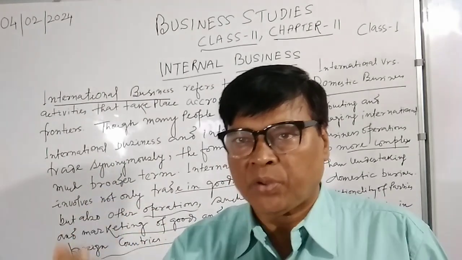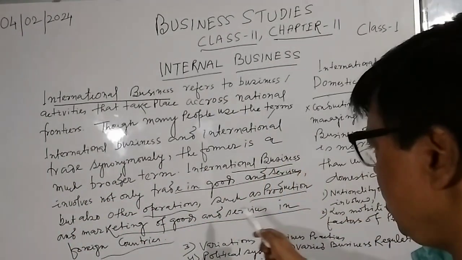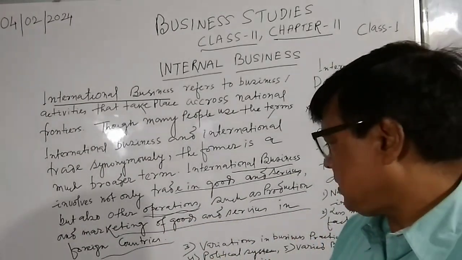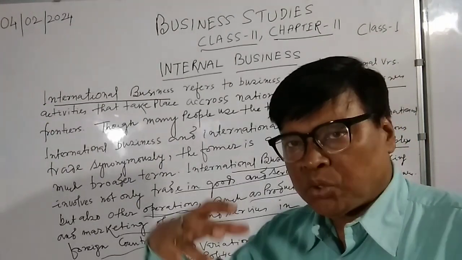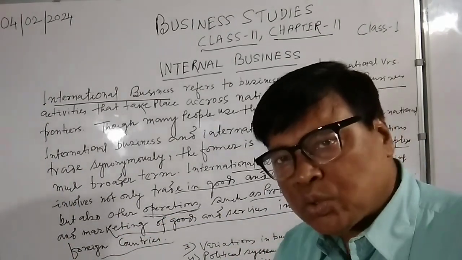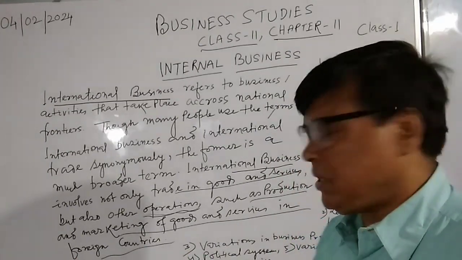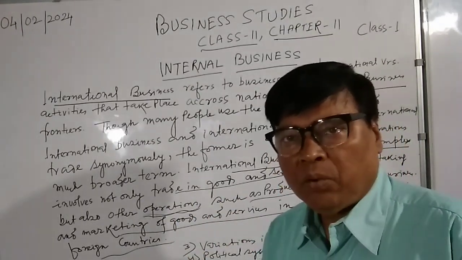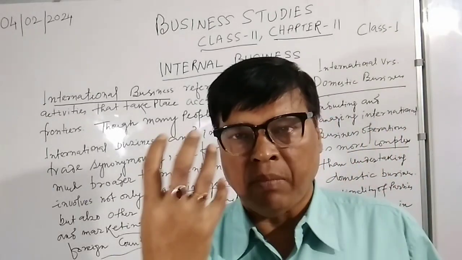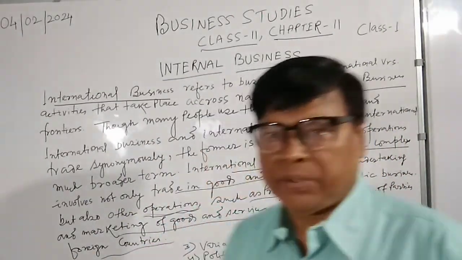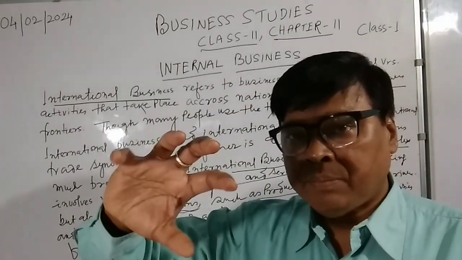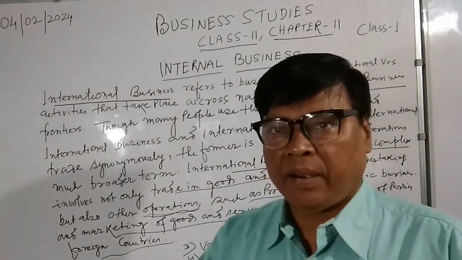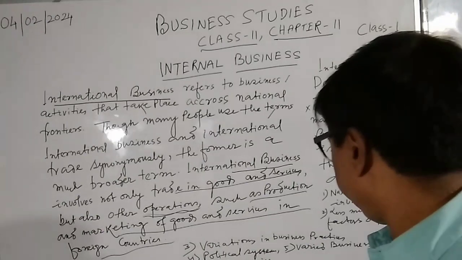The production and procurement process, the marketing process, so many other operations are involved. These allied services are covered under international business, which doesn't come under international trade. In a nutshell, international trade is a micro concept and international business is the macro concept. That means international business covers international trade, but international trade doesn't cover international business.